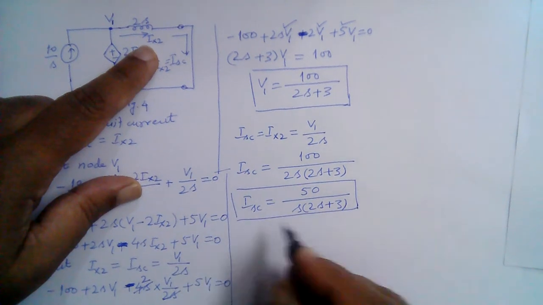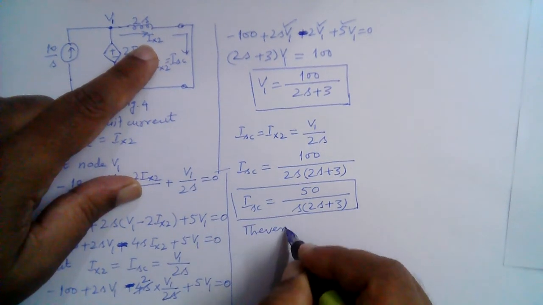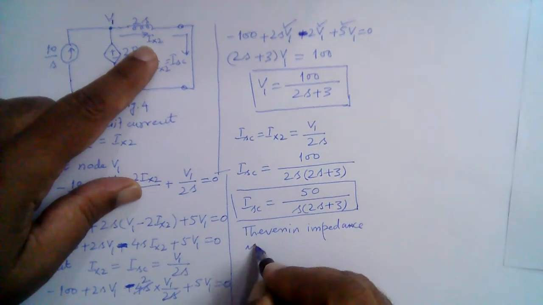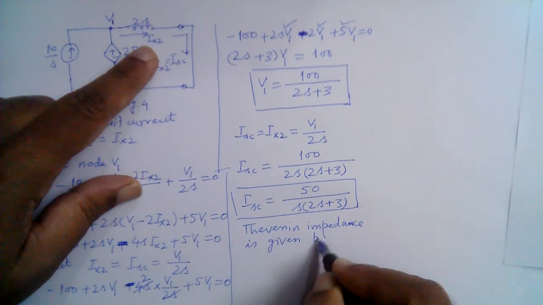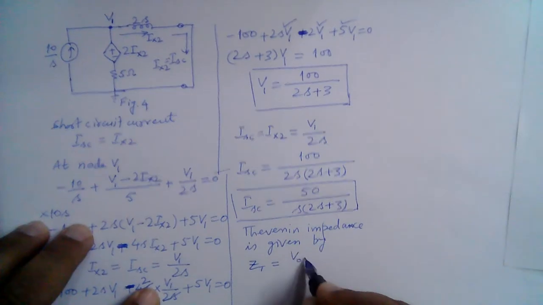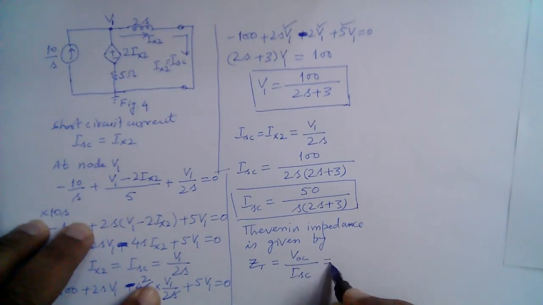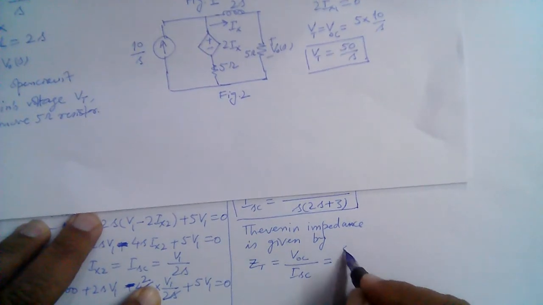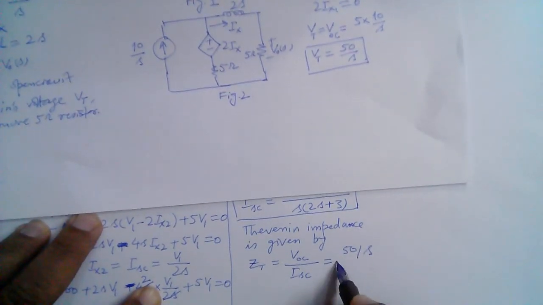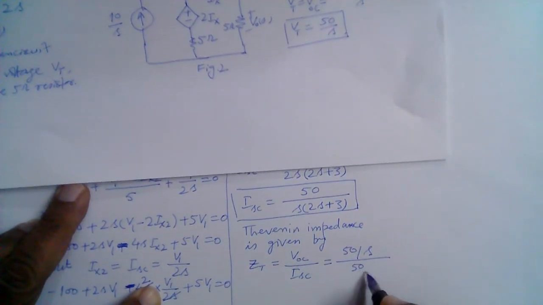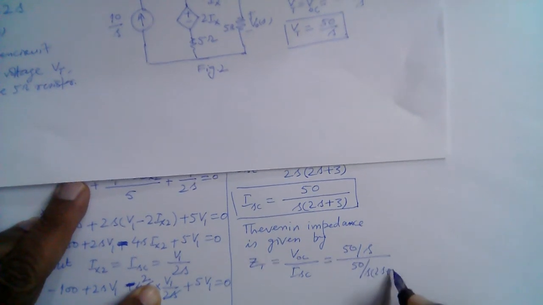So the Thevenin impedance is given by, let's call this Z Thevenin, ZT is equal to open circuit voltage divided by the short circuit current. And we found that the open circuit voltage, which is V Thevenin, is 50 over S, divided by the short circuit current, which is 50 divided by S into 2S plus 3.